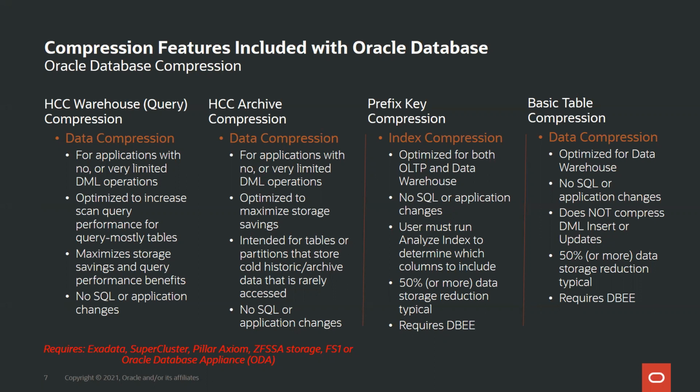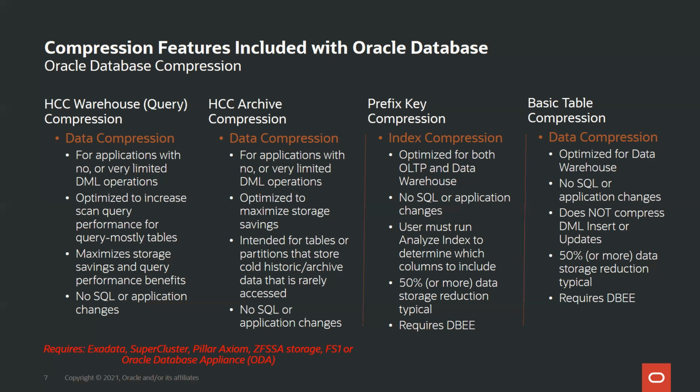Also included with Enterprise Edition is prefix key compression, which is index compression. It gets about a 50% storage reduction and is designed for both OLTP and data warehouse applications. And there's basic table compression, which is the free data compression included with Enterprise Edition. It gets about a 50% reduction in storage footprint, but it is designed primarily for data warehouses.